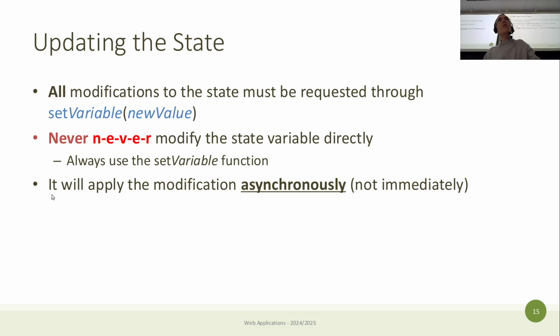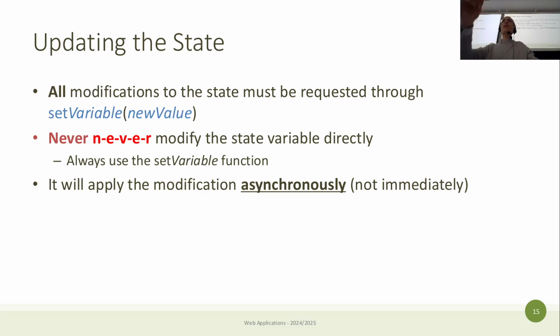One important thing we need to mention, React will apply the modification asynchronously, not immediately. So it means that in the rest of the code, the variable containing the state will still have the old value in case we need to use it. Just keep in mind, this is an update and it will be made asynchronously by React.